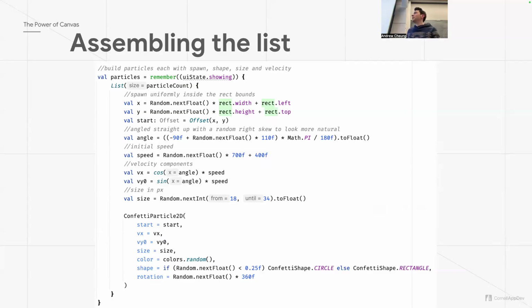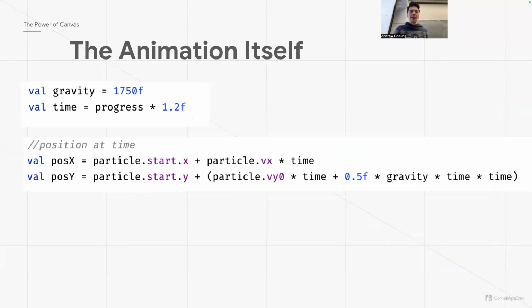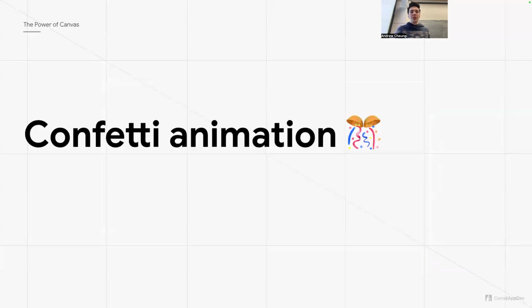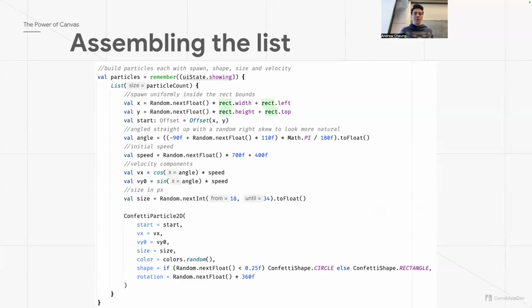But basically the idea is that we wanted to be able to use this animation wherever we are in the app, so we had this UI placed at the root of the app, and we have this UI state dot showing, which shows whether we are showing this composable or not. At the beginning of the composable, there is a check: if we're not showing this composable, then we just return.